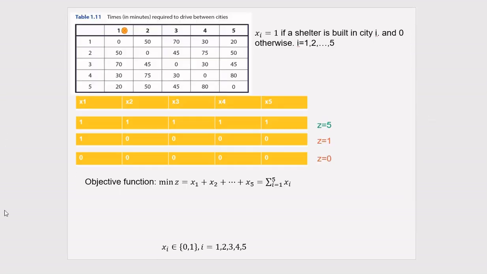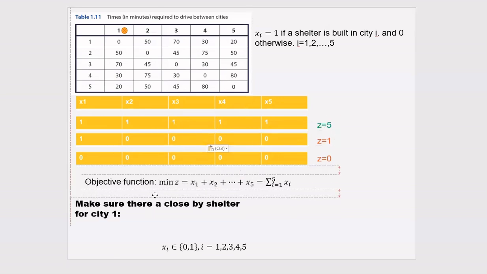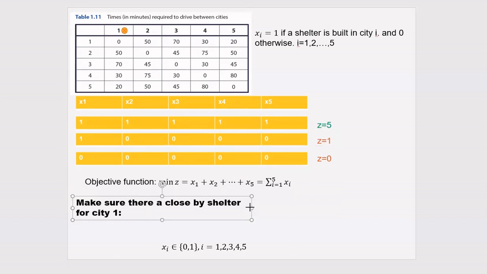How do I write that? Make sure there is a close by shelter near city 1. How do I write that as a constraint?